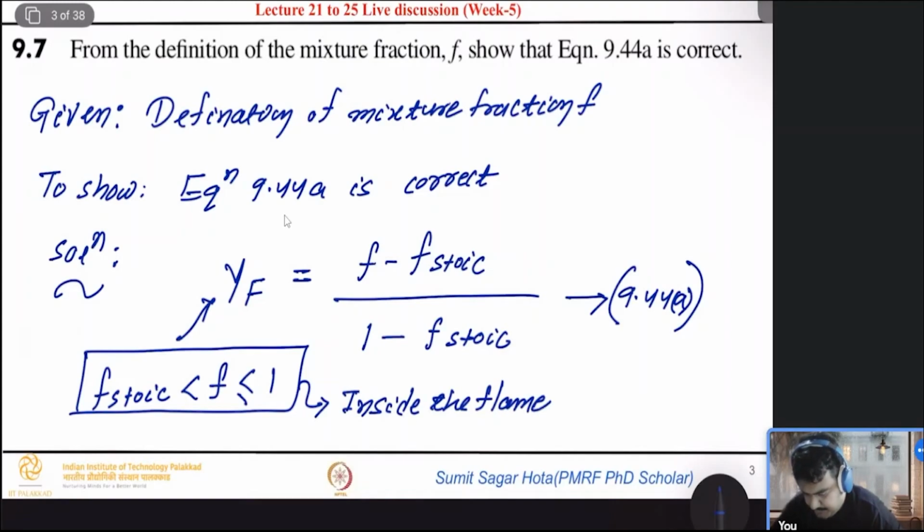What is this Y_F? Y_F is the mass fraction. Now this is the relation for the mass fraction of the fuel.